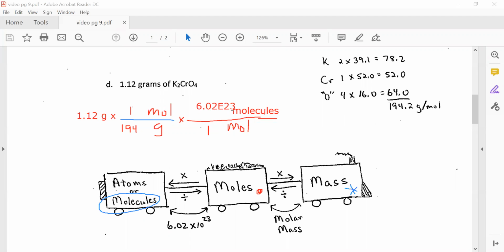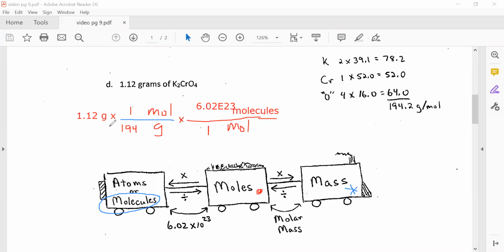That E23 means times 10 to the 23rd. I'm just going to leave it like that, a little bit easier to type in. So what did I just do? I went from moles to molecules, and when I go from moles to molecules, I multiply by Avogadro's number, or 6.02 times 10 to the 23rd.